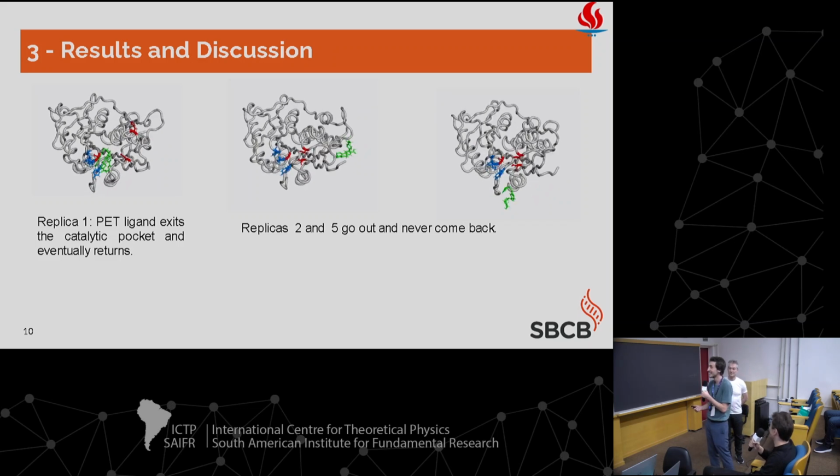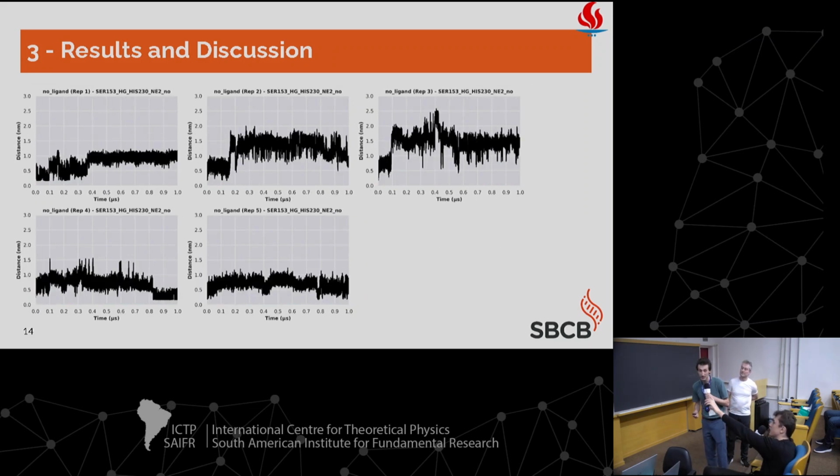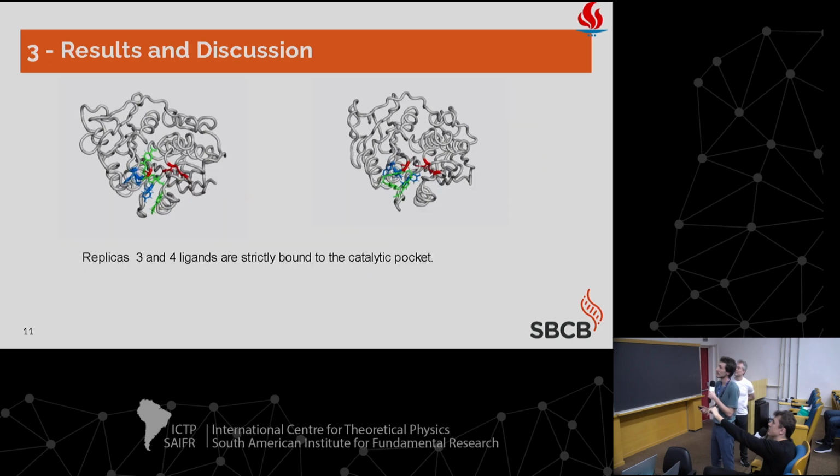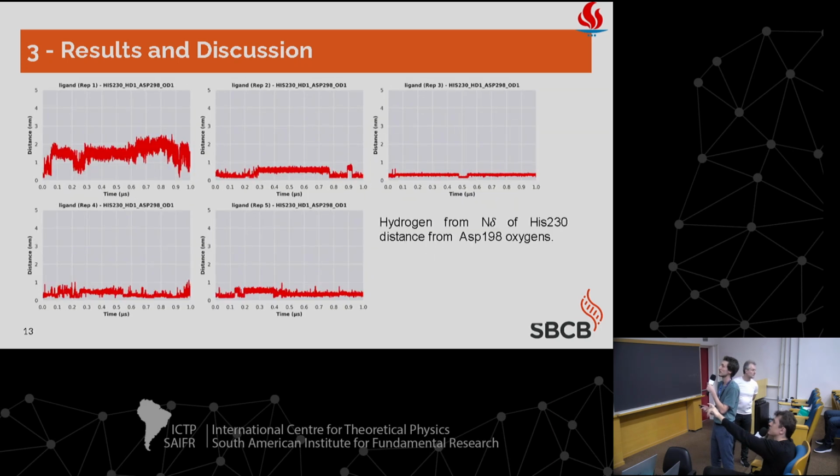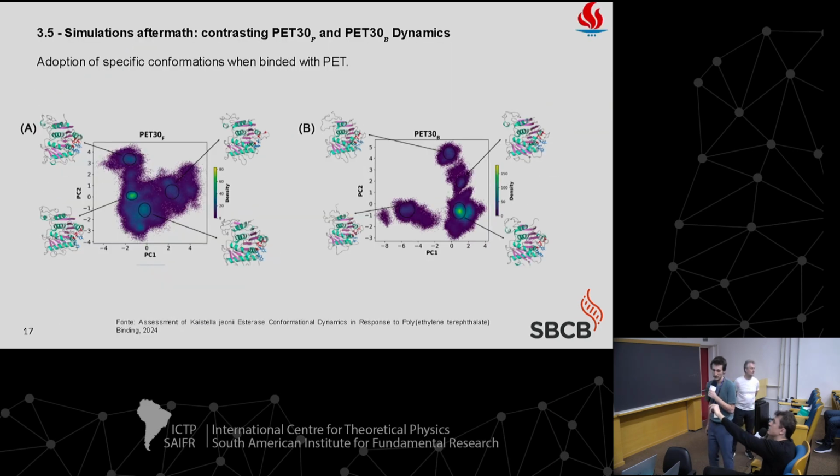Okay, cool. And can you go back to the PCAs? The cluster on the left at about -4, -1, which type of conformation does this correspond to? Because it's very separated from the rest.